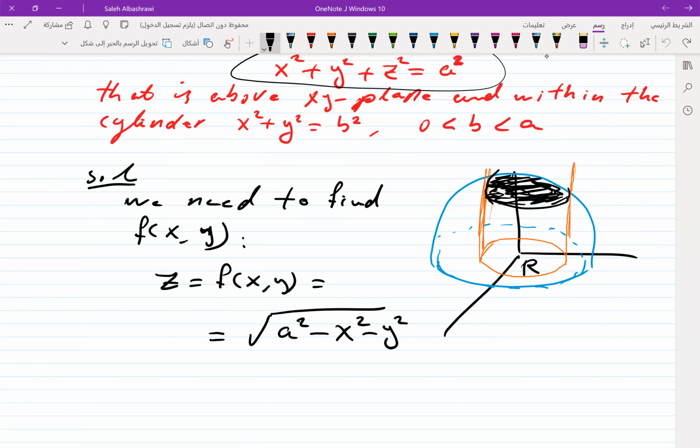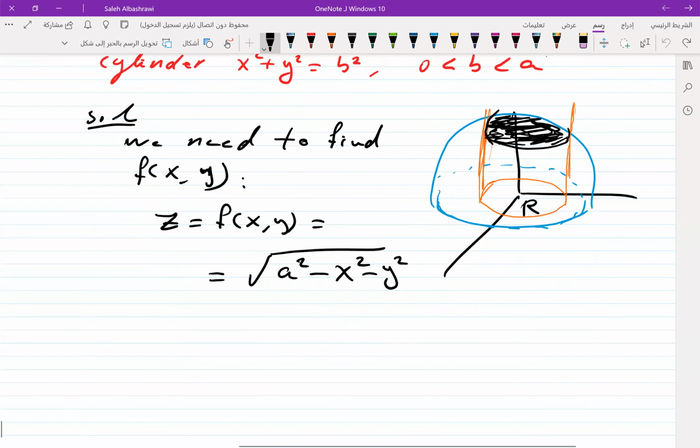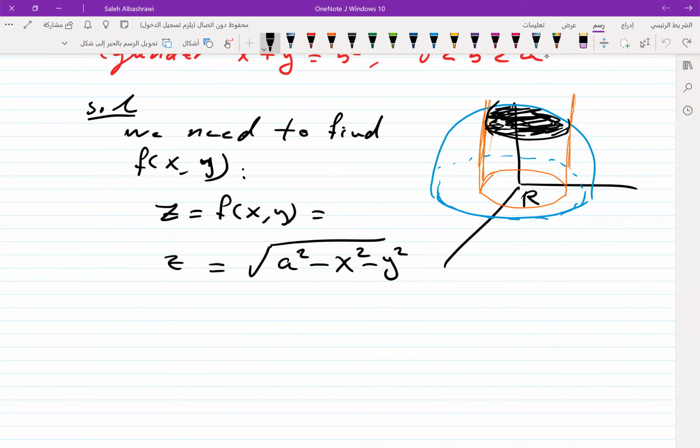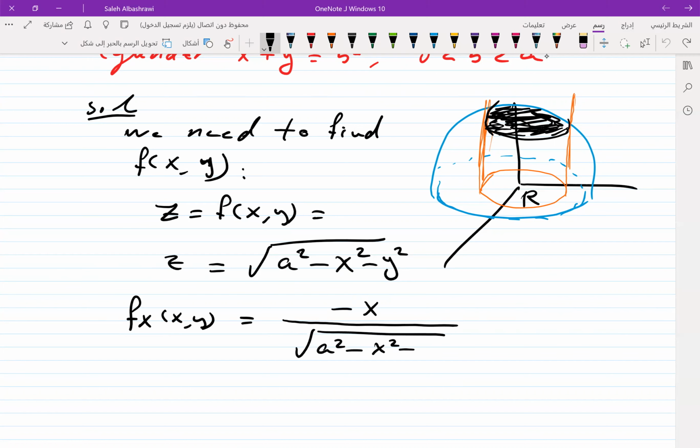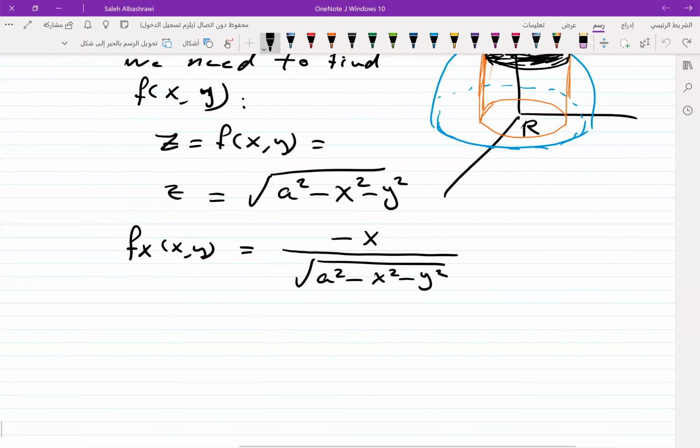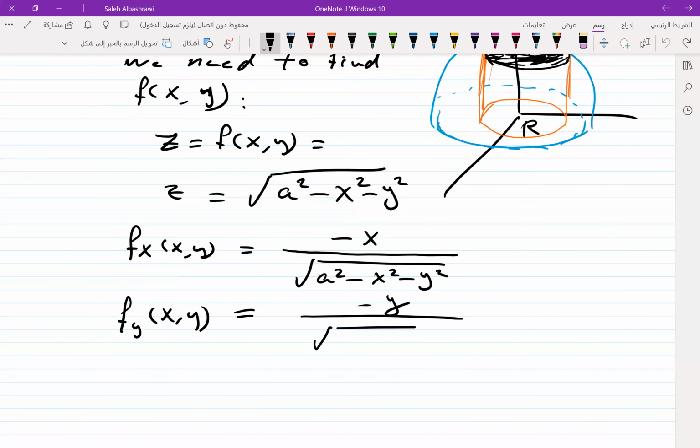So this will be our function. From this, I'll find f sub x, the partial derivative with respect to x: minus x divided by the square root of a squared minus x squared minus y squared. And differentiating with respect to y, it will be minus y divided by the square root of a squared minus x squared minus y squared.